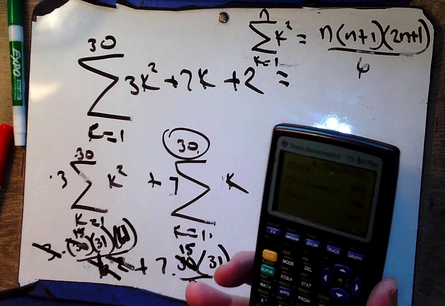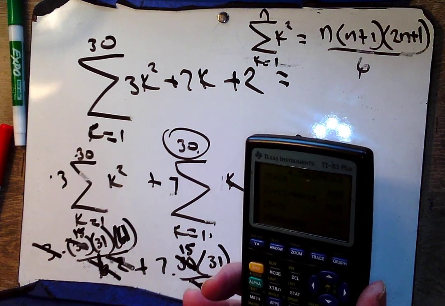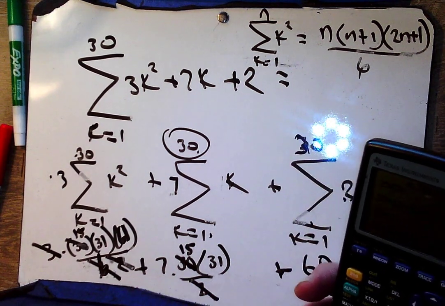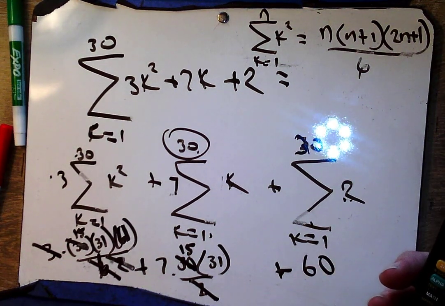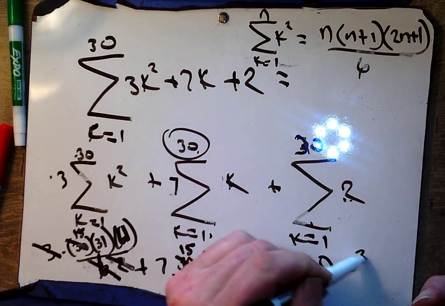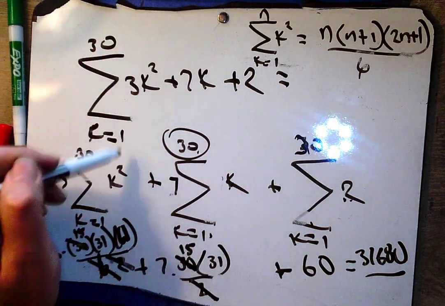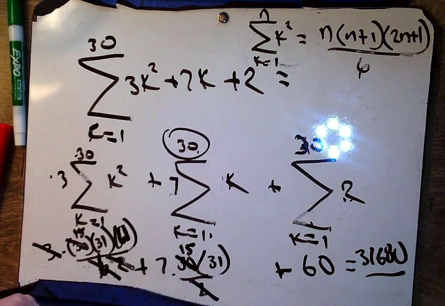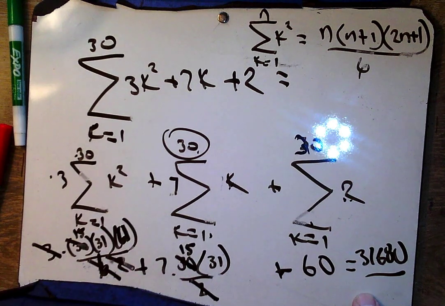So we've got 15 times 31 times 61 plus 7 times 15 times 31 plus 60. And I get 31680. There's no way you're going to get me to plug in the numbers 1 to 30 there and then add them all up. Sigma shortcuts, yeah, definitely my friend.